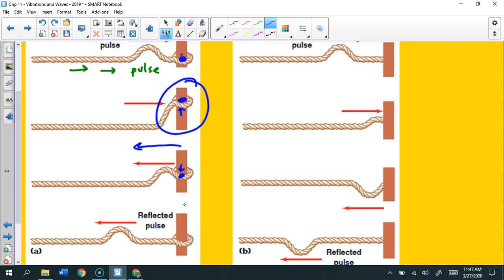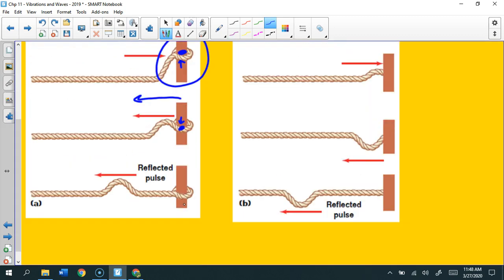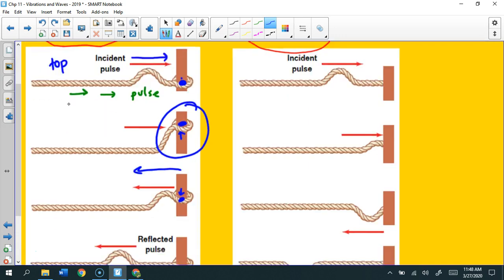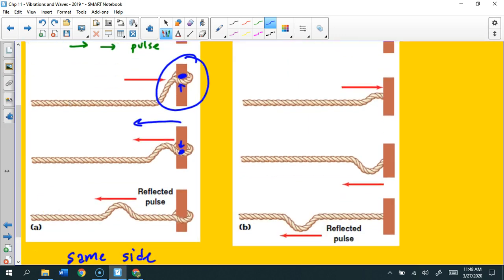Now, one thing you do want to remember is that it goes back on the same side. What do I mean by that? Notice how the incident pulse was on the top side. The reflected pulse is still on the top side. That's going to matter in a moment, okay?